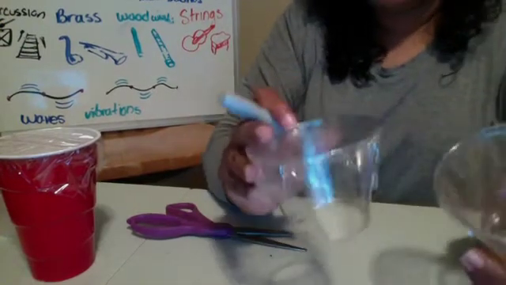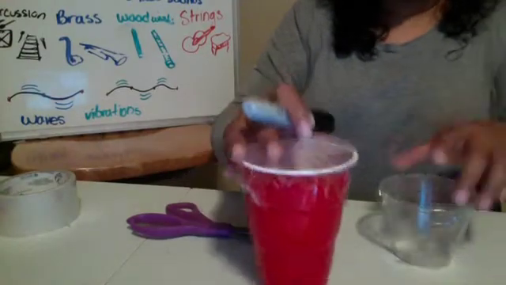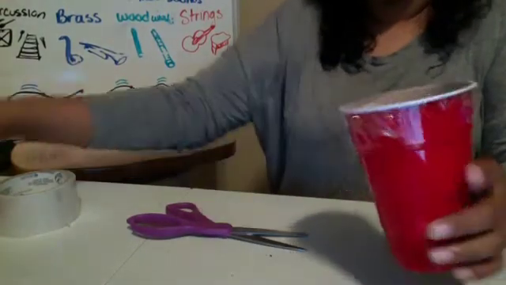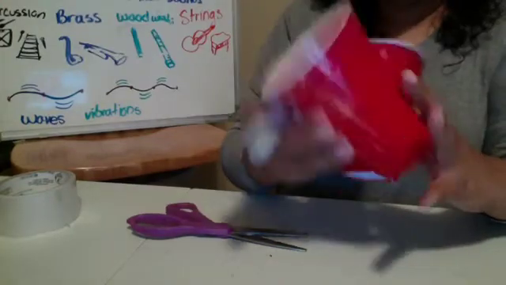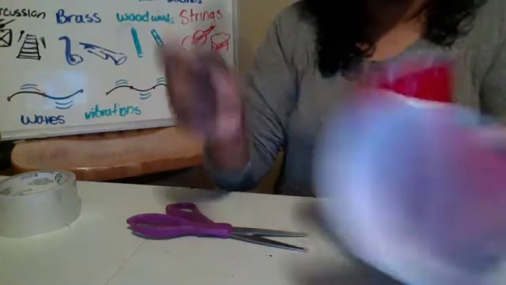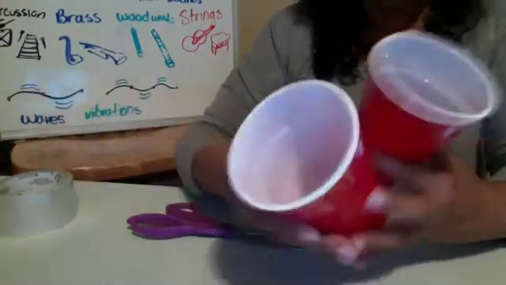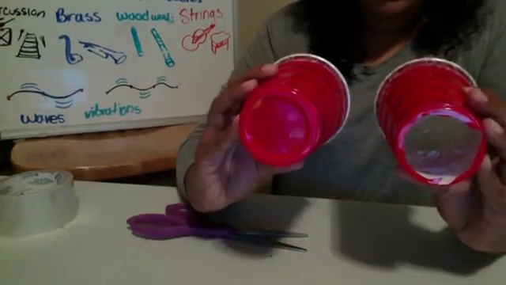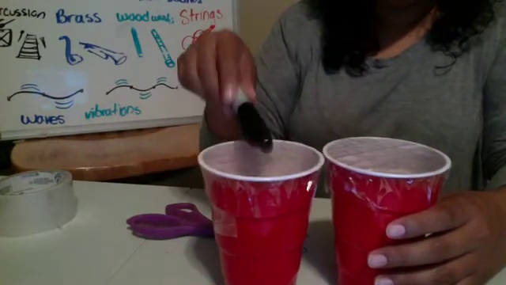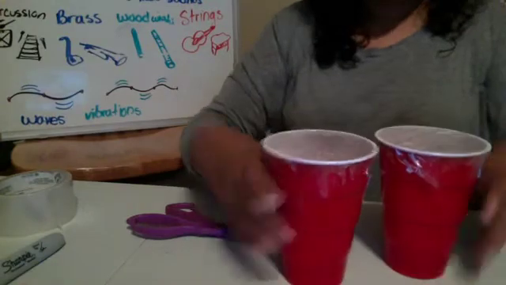This one is way louder. And the same thing with the red cup ones. The one that's not cut is louder than the one that is. So it would be even better if you have two cups, one without it and one with, and you can make different sound waves because of how the vibrations are going, okay?